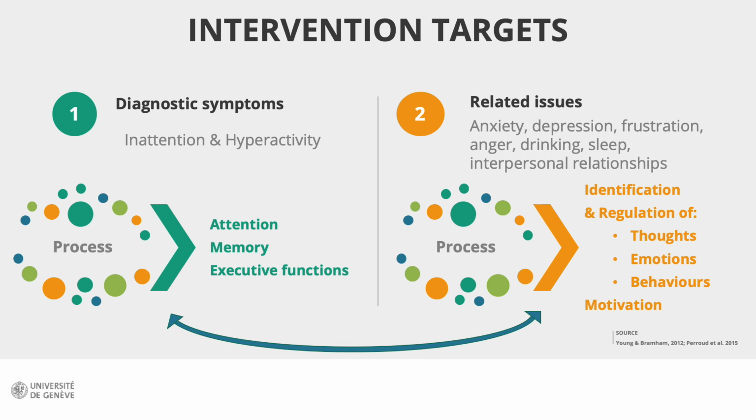Now, an individual can have associated problems, such as depression, anxiety, substance use and abuse, anger management, maybe sleep problems as well. So concerning these associated set of problems, we are going potentially to focus on other types of mechanisms, such as identification of emotion, regulation of emotion, as well as identification of behavioral patterns and the regulation of behavioral patterns.